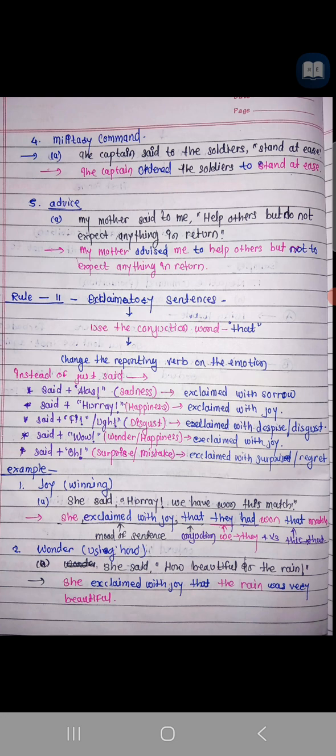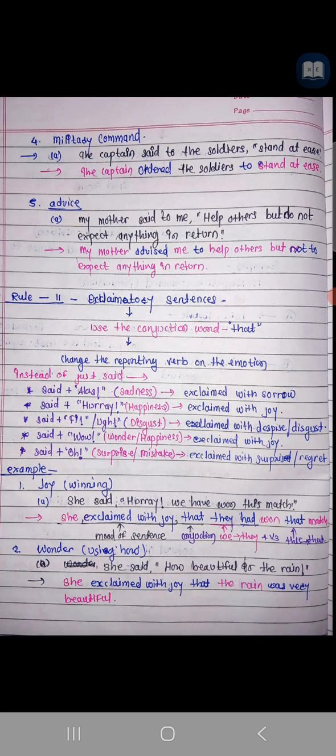Next, see the example, joy, winning. She said, "Hooray, we have won this match." So you know this changes into "that." Okay, and "have" converts into "had," because present perfect tense converts into past perfect tense. "Won" is the third form, so it stays the same. She exclaimed with joy.